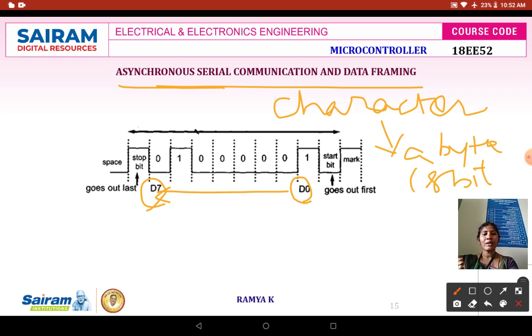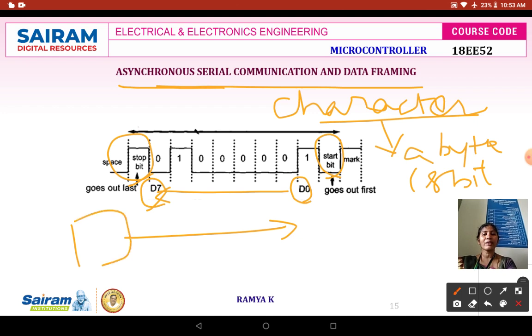Before that we are having one start bit and stop bit. The start bit and stop bit is required. Why? Because when you are transmitting a data via a character oriented data transfer, the start bit and stop bit is essential to check whether the data has been received from the sending end to the receiving end in the right manner, just to check whether all the data has been transmitted from your transmitting end to the receiving end, or whether the receiver has received all the data from the transmitting end.